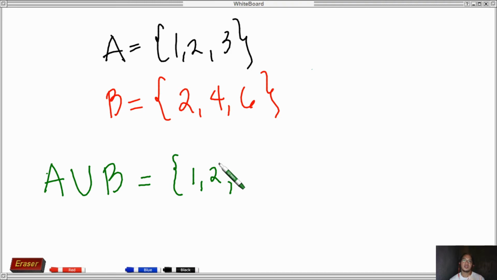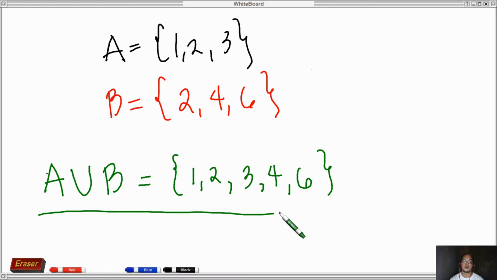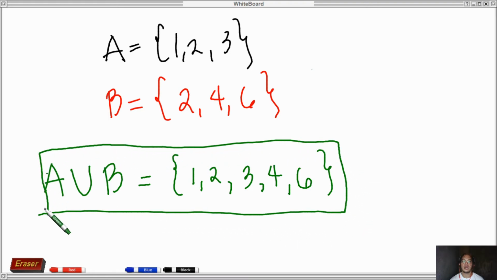As long as you have already written the element, you no longer need to write it again. So we have 1, 2, and then we write 3. Next to 3, do we need to write 2? No. So we proceed to 4, and then 6. This is what we call the union of sets A and B. We have 1, 2, 3, 4, and 6.